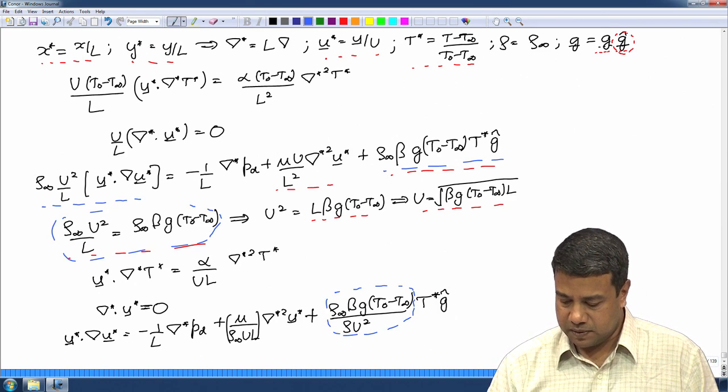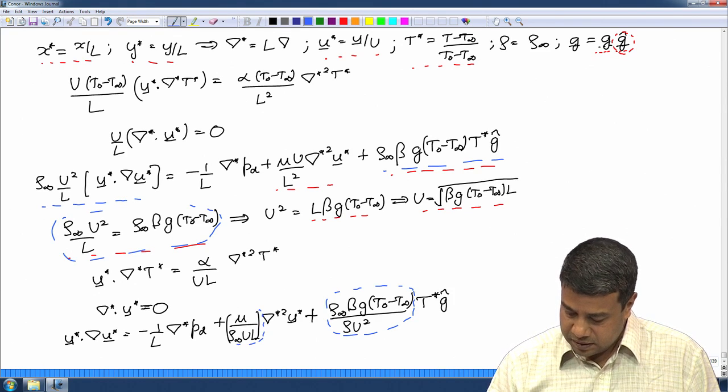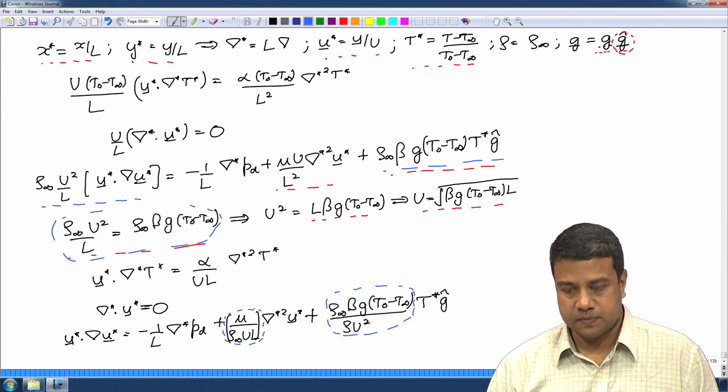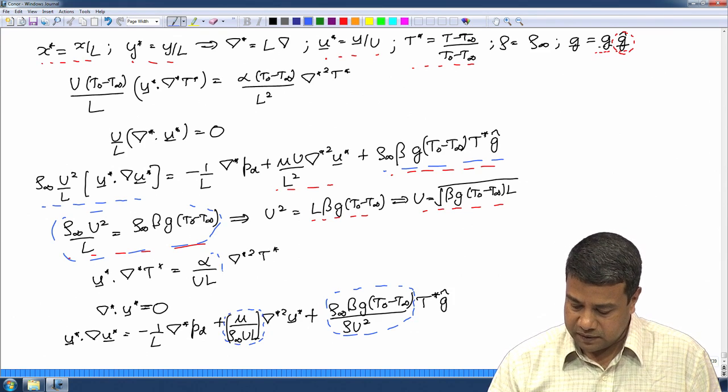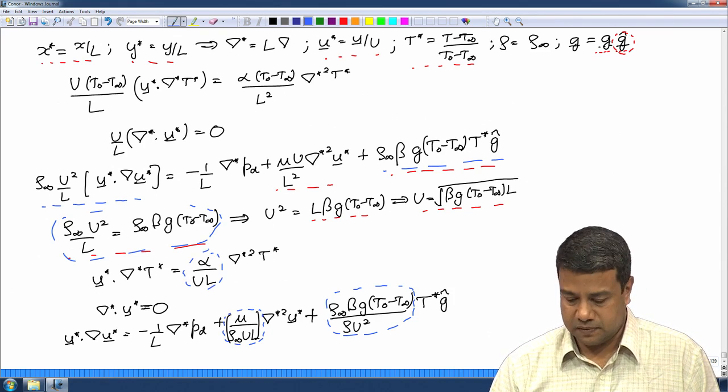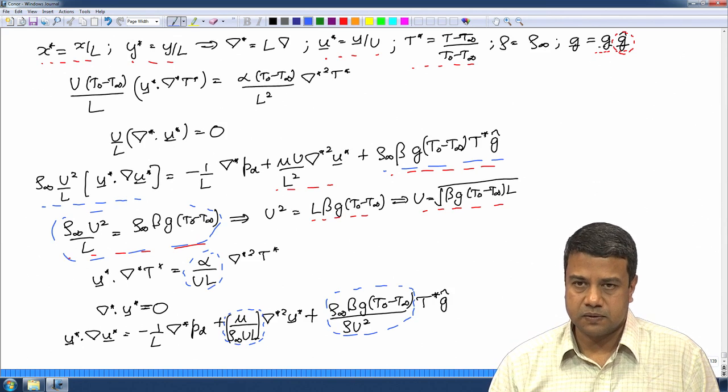What I get here are two dimensionless numbers. One is the inverse of a Reynolds number based upon u, the other is the inverse of a Peclet number based upon u. So, let us look at what those numbers are.